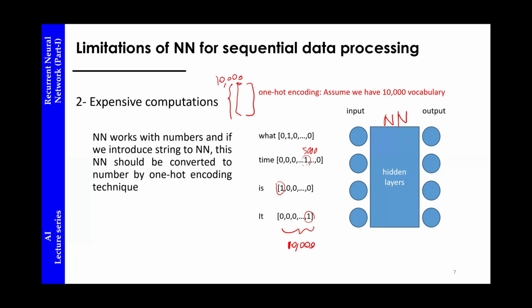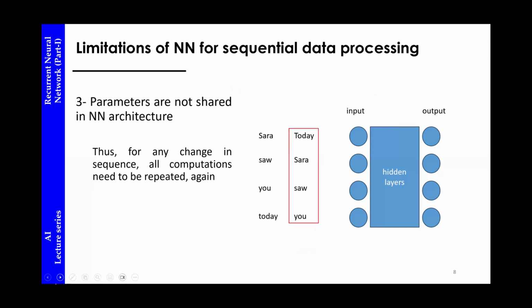Therefore, analysis and processing of sequential data with neural networks is challenging, not only because of the fixed length of the input, but also because of the computational cost. There is another reason that we do not select fully connected neural networks as a suitable candidate to process sequential data.